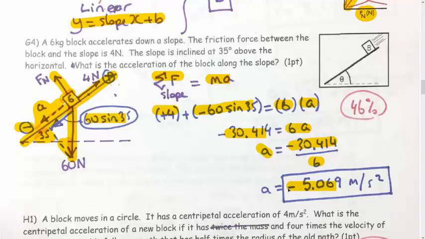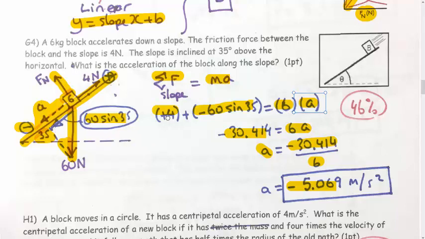And the reason why I get the negative sign there is because I didn't put the negative sign on the letter A. Some people will recognize this is a negative A, just as they recognize that's a positive 4. Just as they recognize that's a negative 60 sine 35.